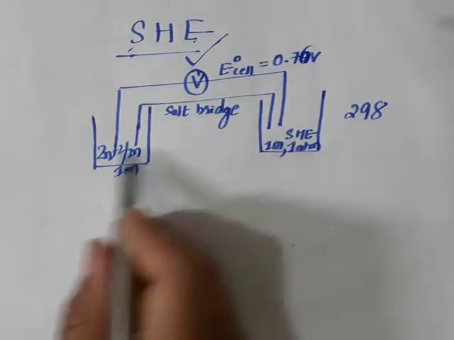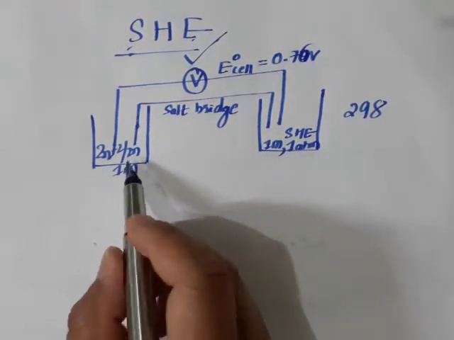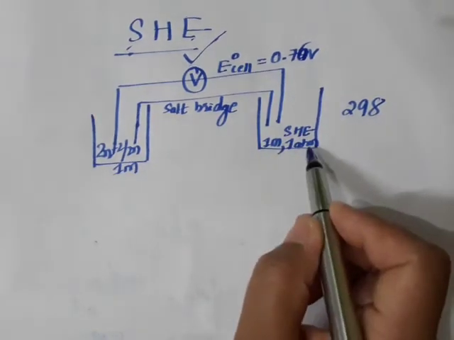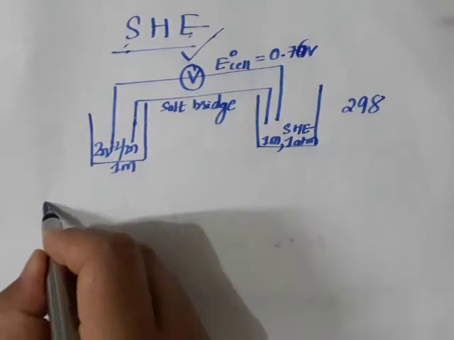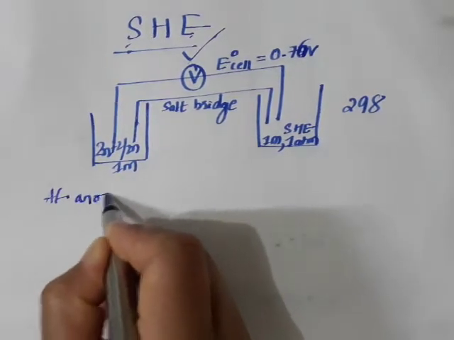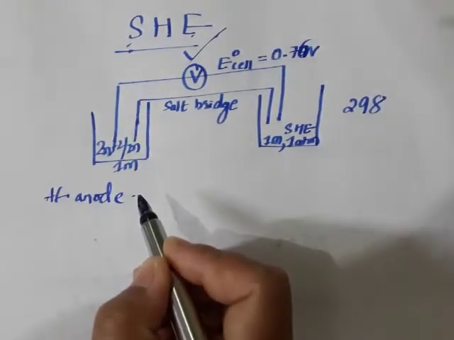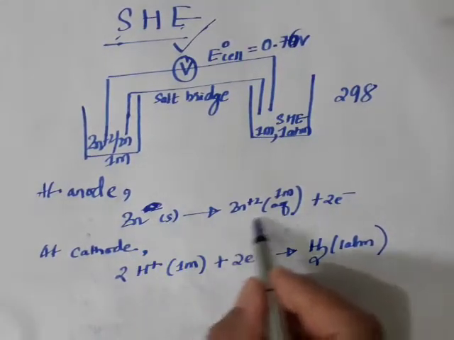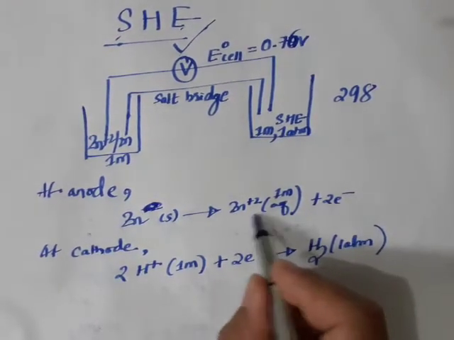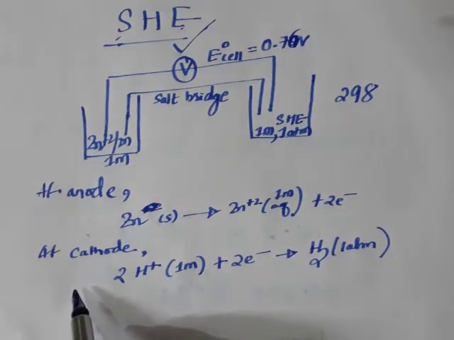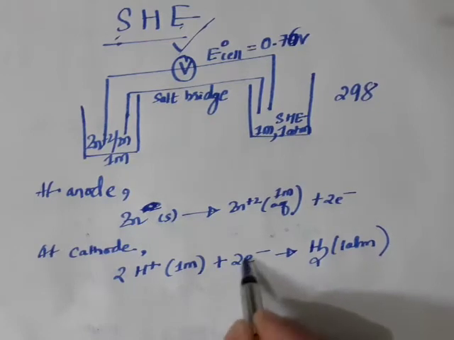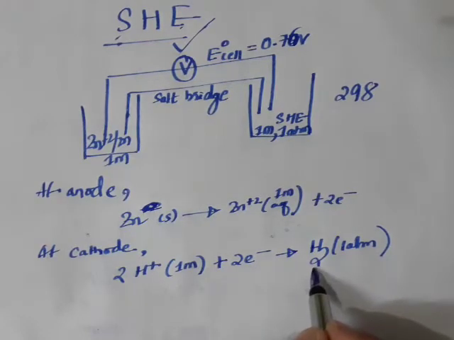Whenever the two are coupled, it has been found that at the zinc electrode oxidation takes place and in SHE reduction takes place. So at the anode, zinc gets oxidized, losing 2 electrons to form zinc ion, and at the cathode, hydrogen ion gets reduced, gaining 2 electrons to form hydrogen molecule.